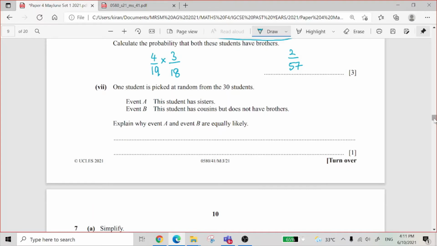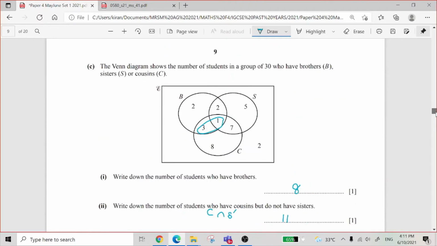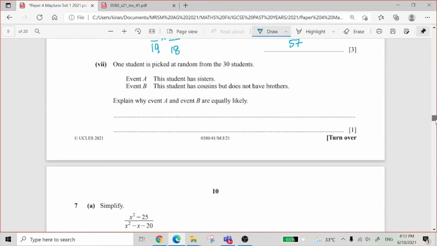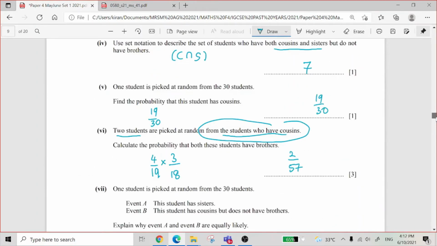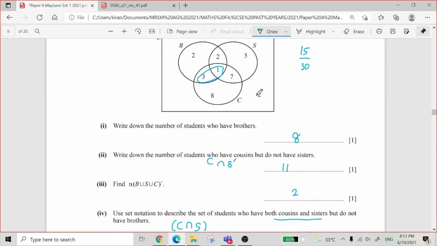Let's look at it. How many students have sisters here? We have 12 plus 3, which is 15, over 30 students, that have sisters. And then the students that have cousins but do not have brothers: 7 plus 8, which is 15 over 30.